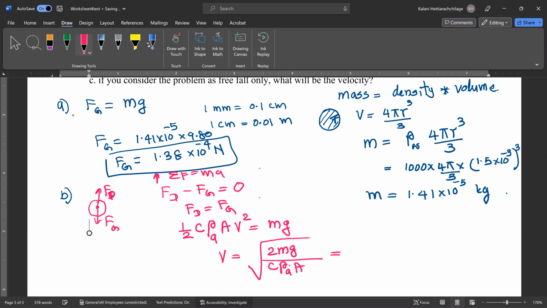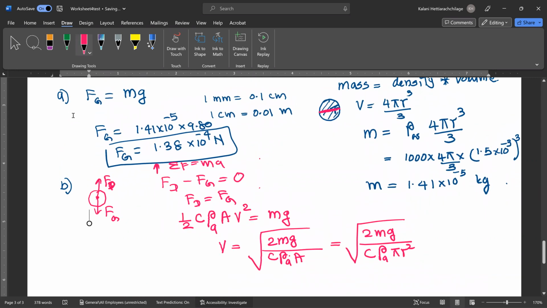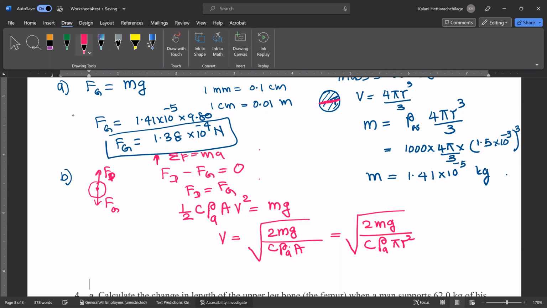Let's rewrite this one more time: v equals the square root of 2mg over C rho A, where the cross-sectional area of the raindrop, the side view that you are seeing, will be pi r squared. Right, so now we can calculate it. Since all the values are given, you will be able to calculate it.